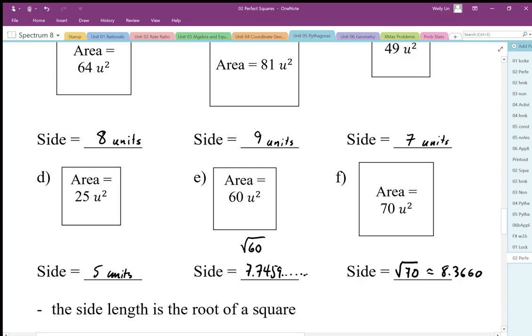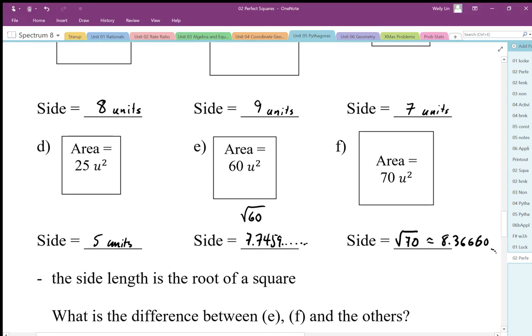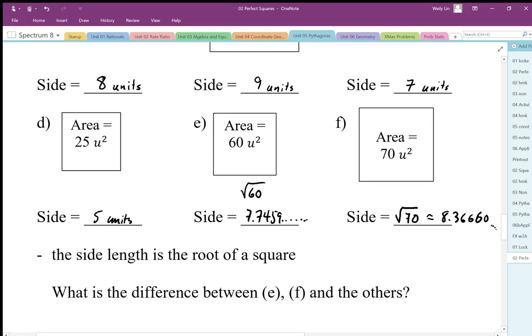So these are irrational numbers. These are non-terminating, non-repeating decimals, and these are not very nice. So these side lengths are not rational numbers.